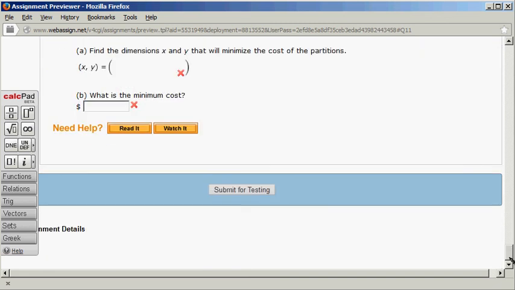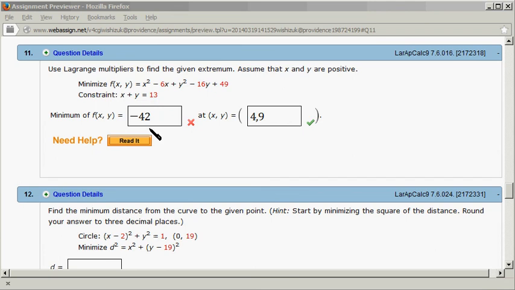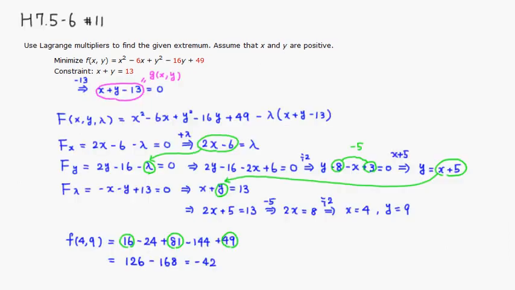Let's check the answer. It came back, and I got the minimum value wrong, so let's go back and fix it. I think I couldn't add numbers. You can see that here 16 plus 81 is 97, and 97 plus 49 would be 146.